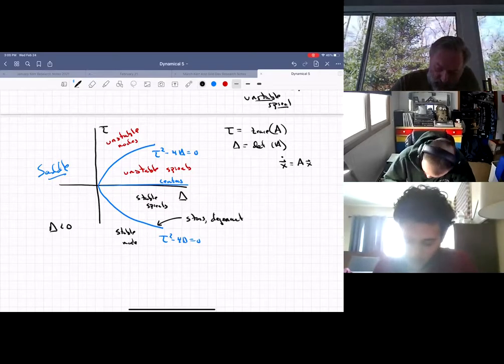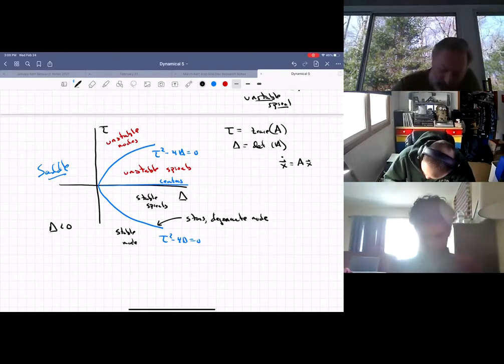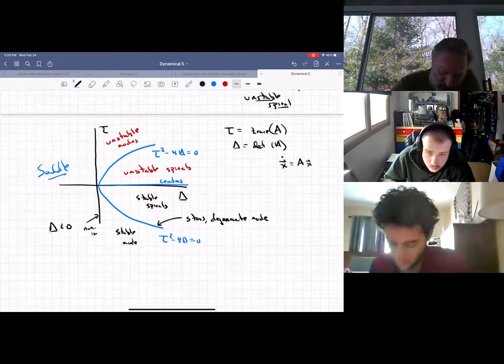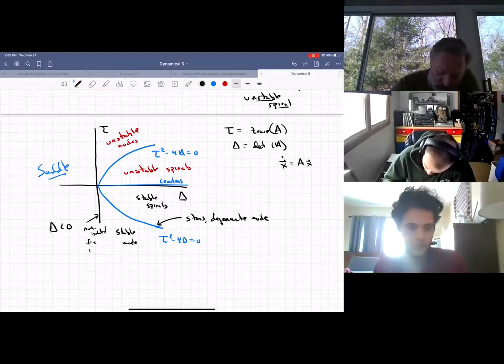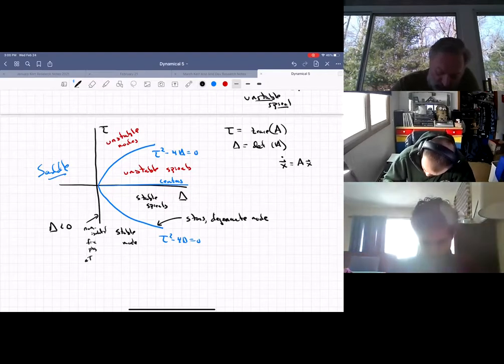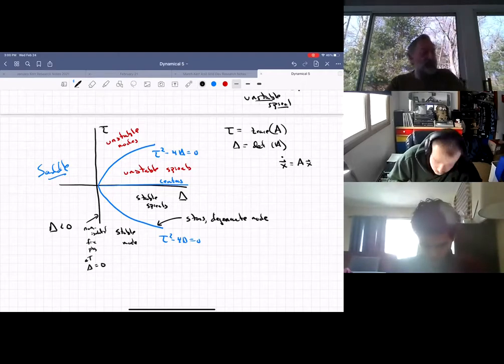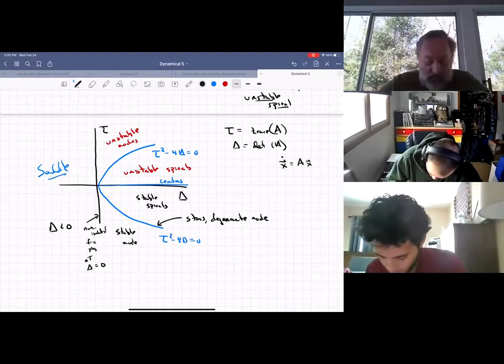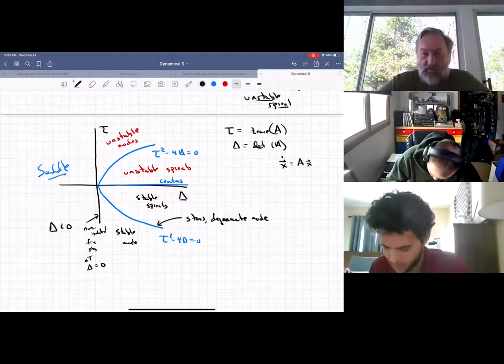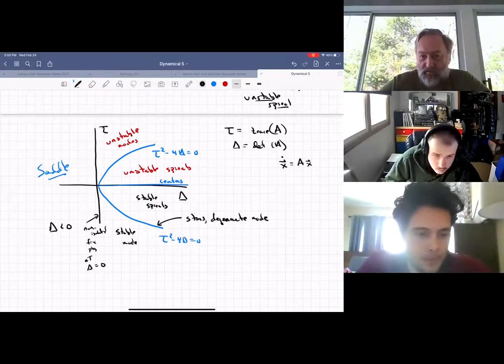You have to do a little work to figure out exactly what those are. And then this line here are non-isolated fixed points at delta equals 0. So if your determinant is 0, you have non-isolated fixed points. Otherwise, you have unstable nodes, unstable spirals, stable spirals, stable nodes, and centers down the center.